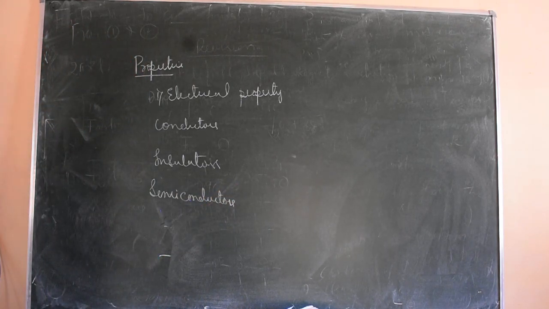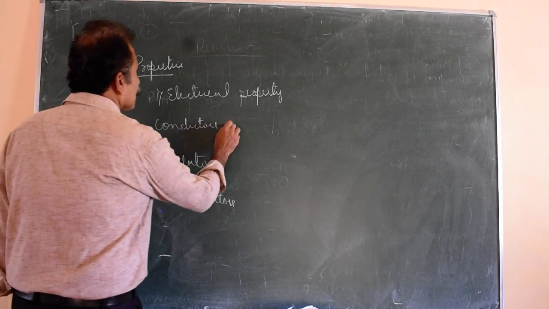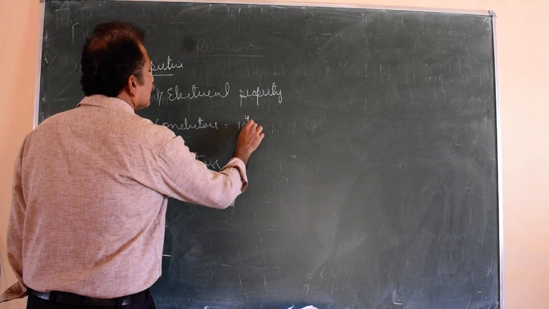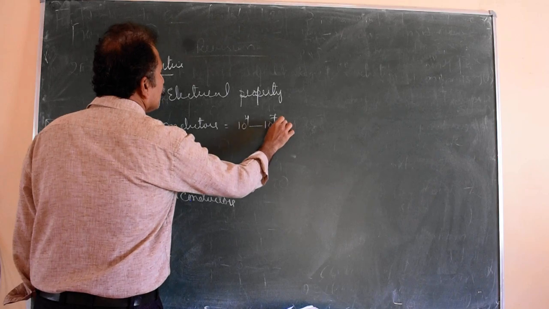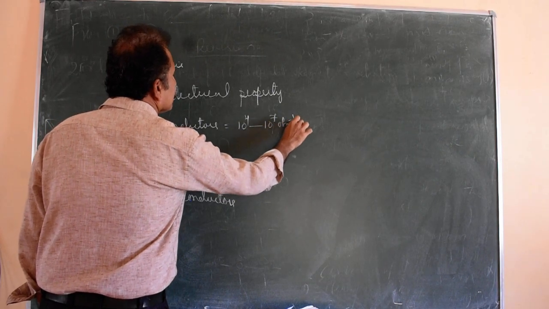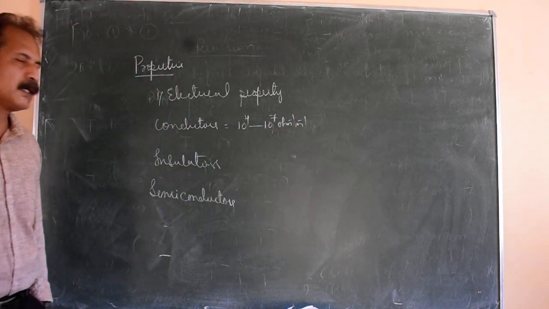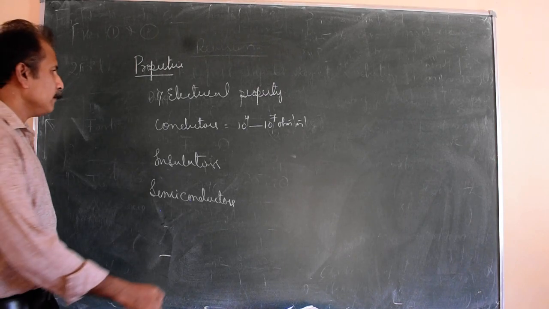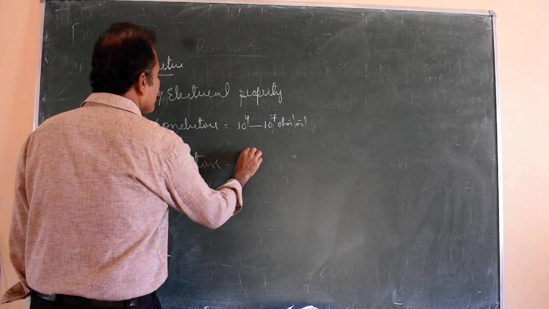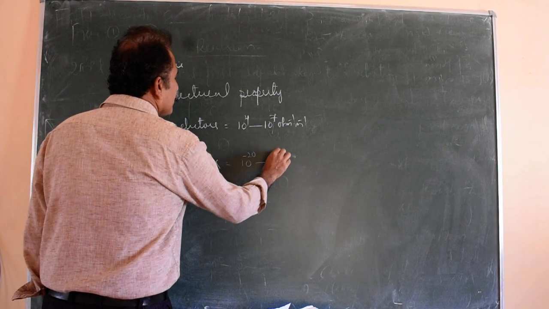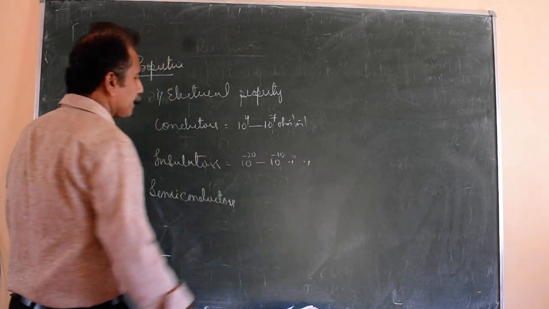So what is the conductivity range of the conductors? It is around 10 raised to the power 4 to 10 raised to the power 7 per ohm per meter. If it is insulators, it is 10 raised to the power minus 20 to 10 raised to the power minus 10 per ohm per meter.